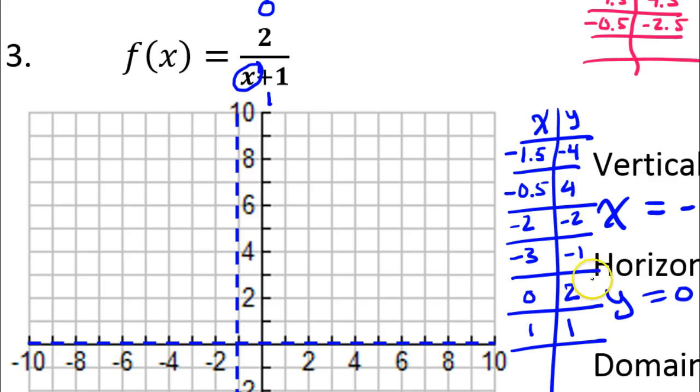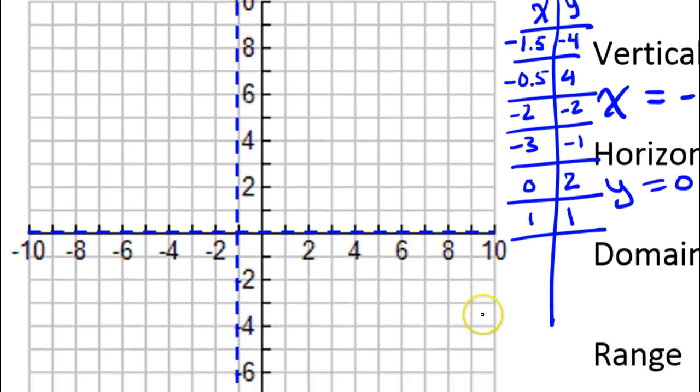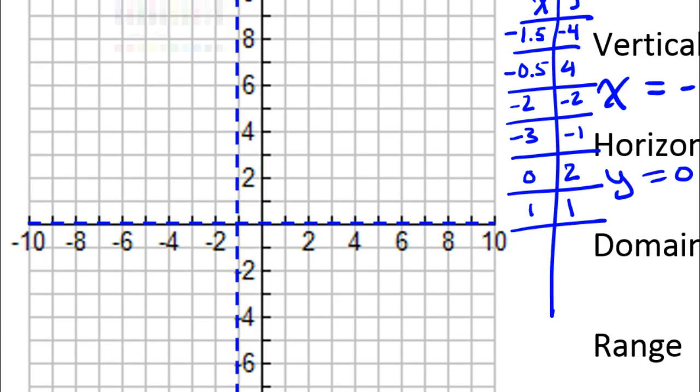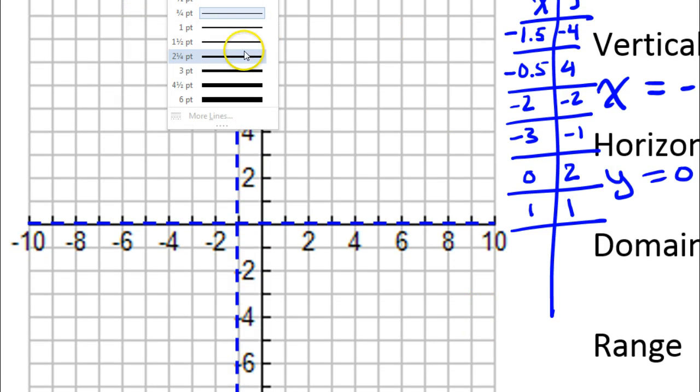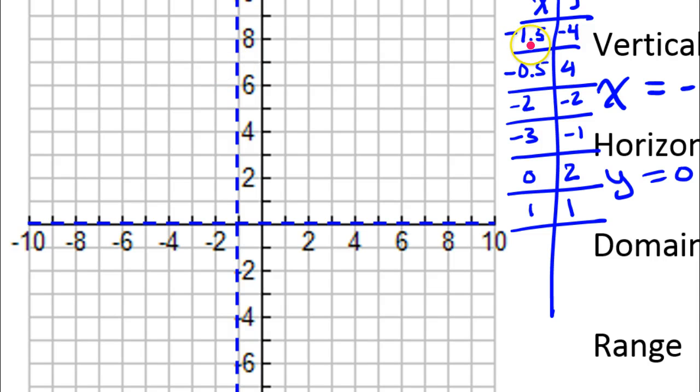Okay, so now it's time for me to plot all of these points. So -1.5 is -4. So here's -1.5, comma, -4. All right, -0.5 is +4. So -0.5, +4. -2, comma, -2 would be here. -3 is -1.